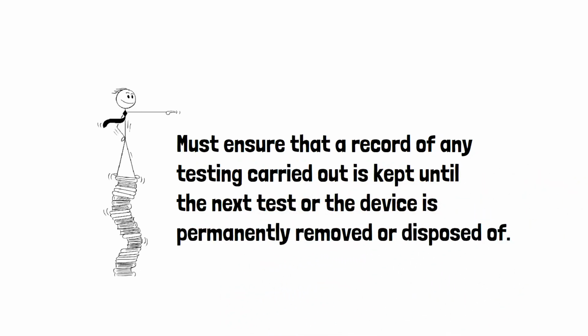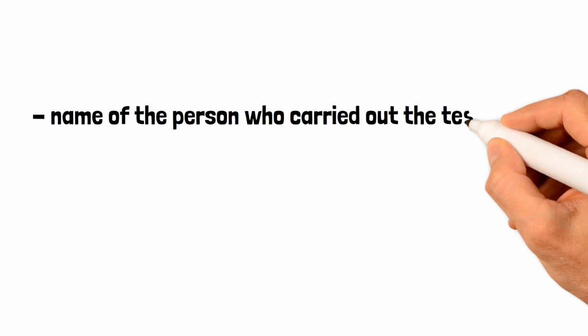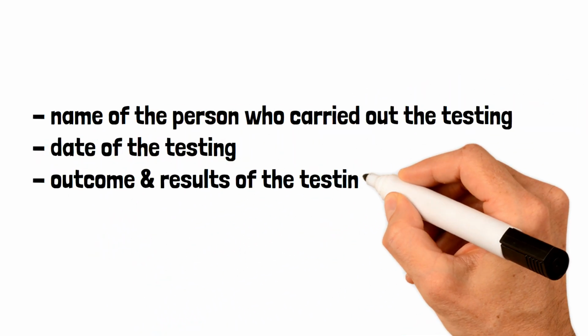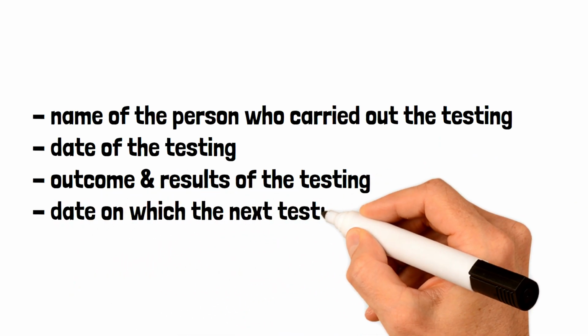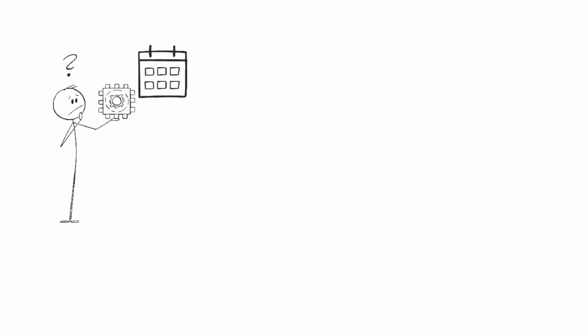A record of testing must specify the following things: the name of the person who carried out the test, the date of the test, the outcome and results of the test, and the date by which the next test must be carried out. So, how often do RCDs need to be tested?